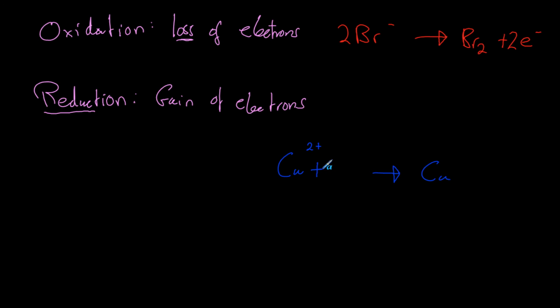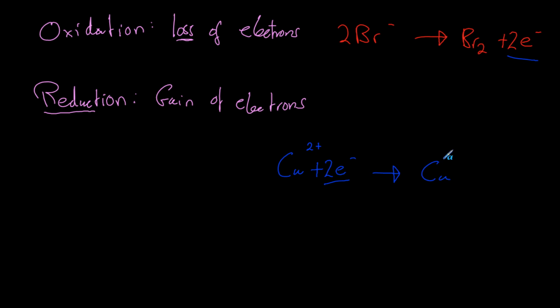So it's gaining electrons, and that's why it is a reduction. And to balance the charge, we have 2+, and so we need to bring that down with 2 electrons. So 2 electrons. And if you notice, that's important because we have 2 electrons up here. So here we can see why we're going to have 2 electrons down here. And so that will form your copper, and this is balanced. Cu2+, 2 electrons makes copper.